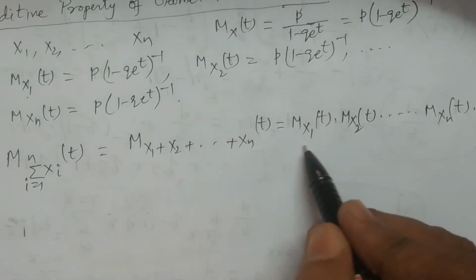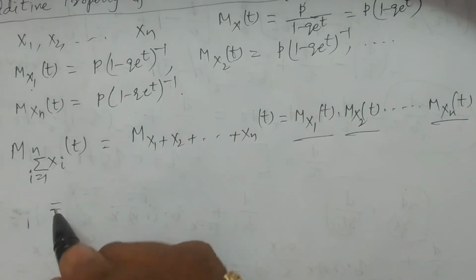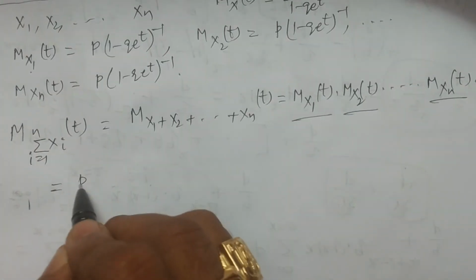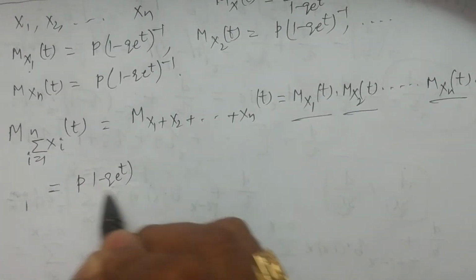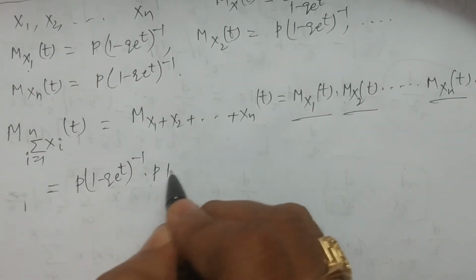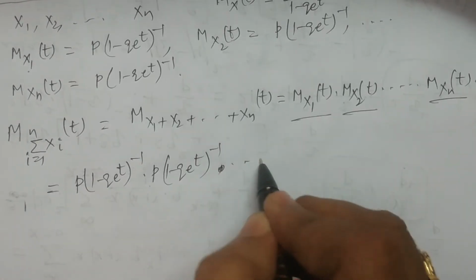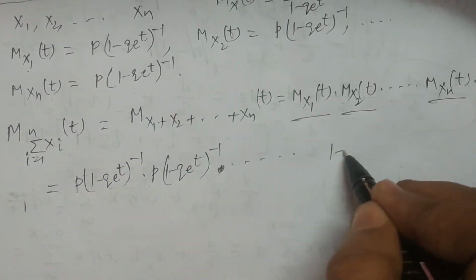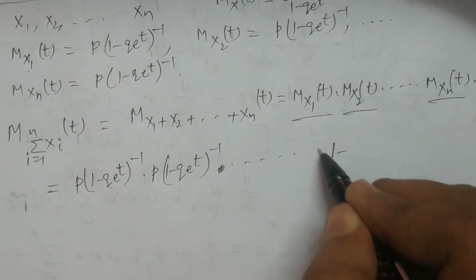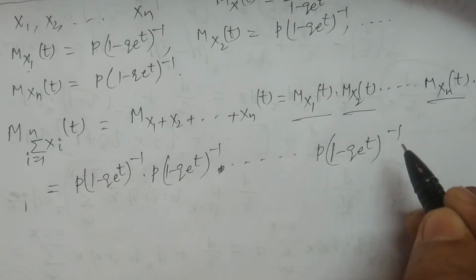And we know M_X1(t), M_X2(t), M_Xn(t). So it is p into (1 minus q e^t) whole power minus 1, multiplied by M_X2(t), again p into (1 minus q e^t) whole power minus 1, multiplied by and so on, multiplied by p into (1 minus q e^t) whole power minus 1.